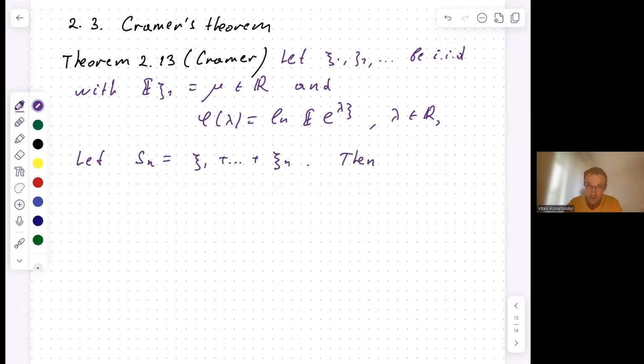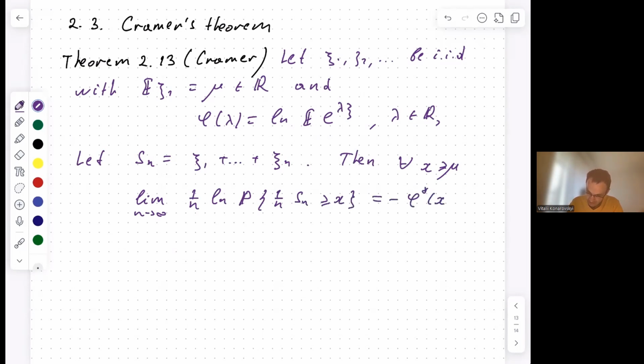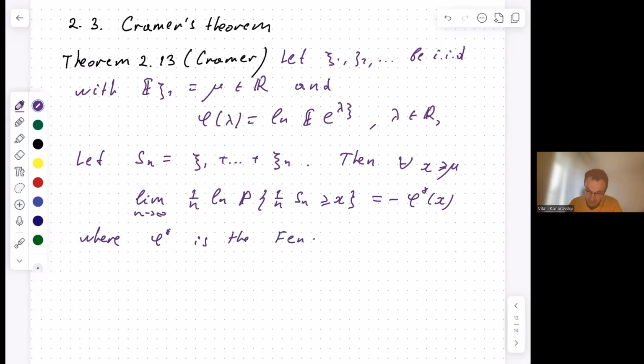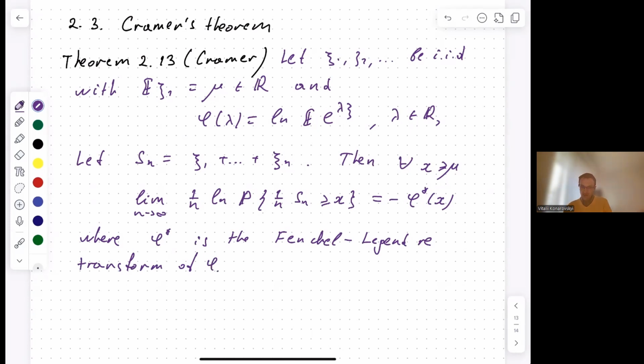Then for every x larger or equal than mu, you have that the limit as n goes to infinity of 1 over n times the logarithm of the probability that 1 over n Sn is larger or equal than x is equal to minus phi star of x, where phi star is the Fenchel-Legendre transform of the cumulant generating function phi.